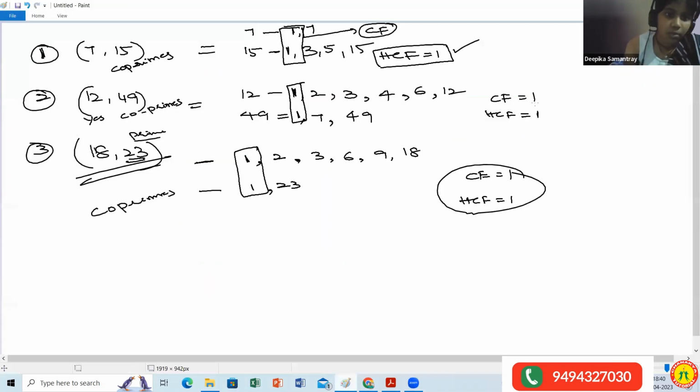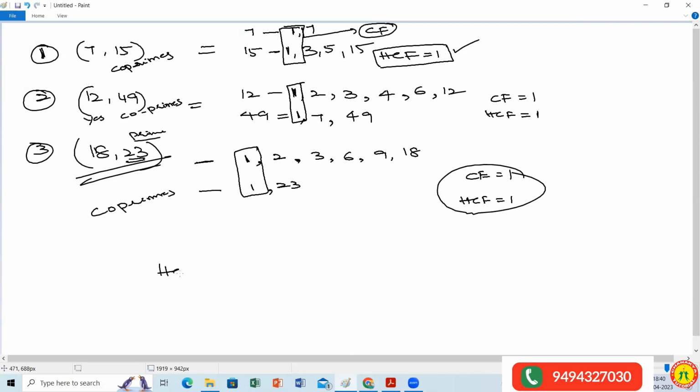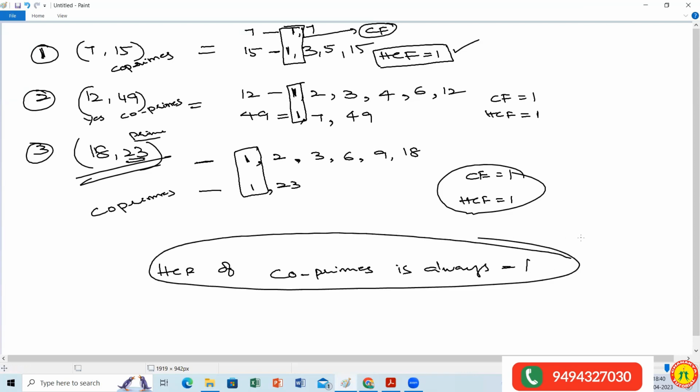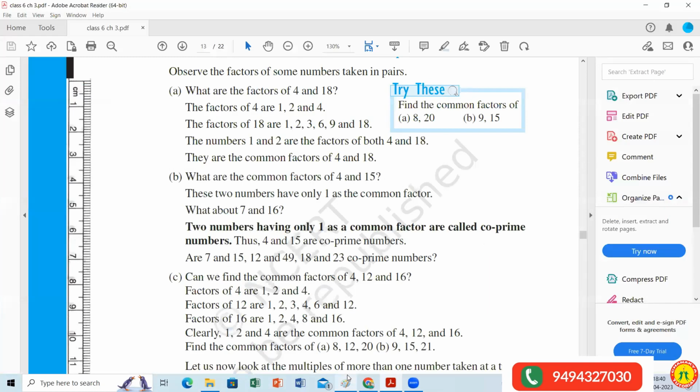What is the HCF of co-prime numbers? One. HCF of co-primes is always 1. This is very important, children. The takeaway point of today's class is co-prime numbers, and the HCF of co-prime numbers is always 1.